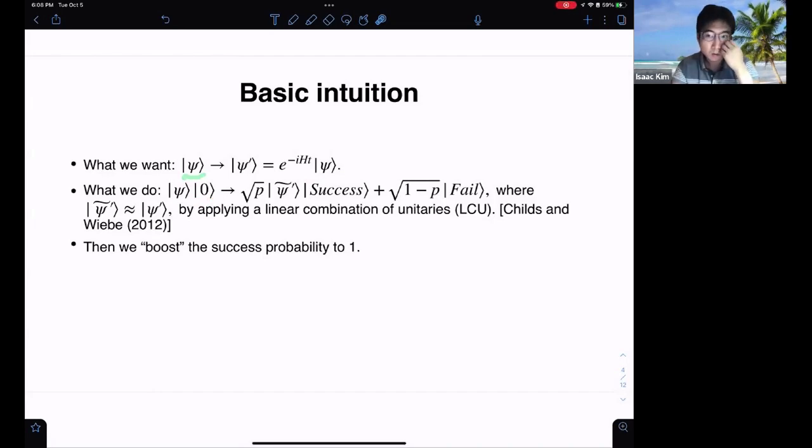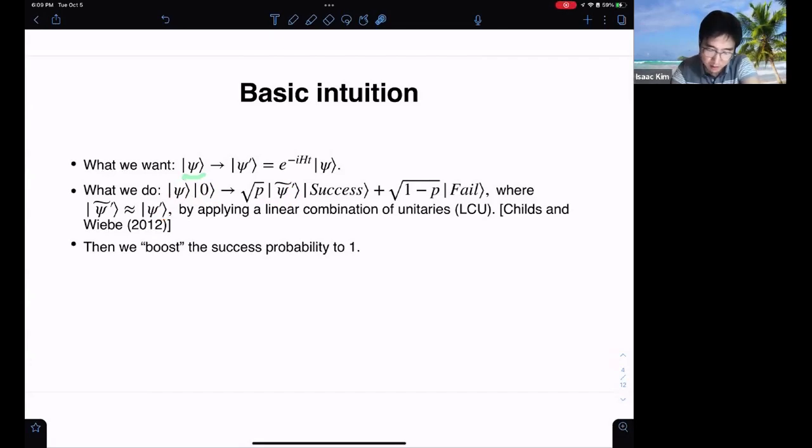It could be a fixed state over 5 qubits or 10 qubits. The important thing is this is a fixed state, and you apply some unitary operation on psi and 0 altogether, and what you get out of that is this psi tilde prime, which is approximately equal to psi prime.